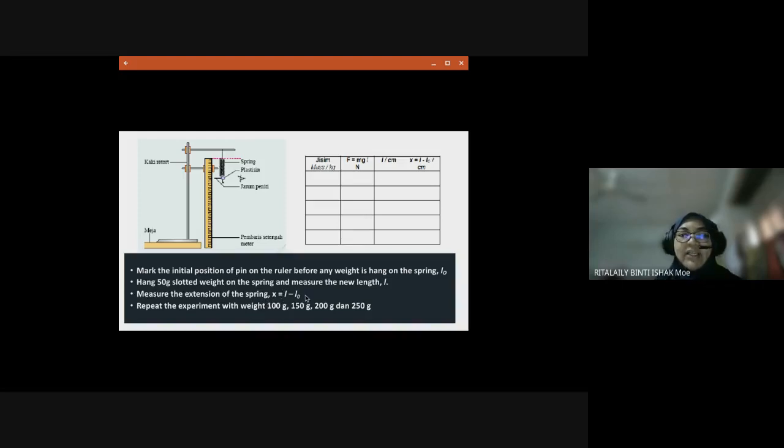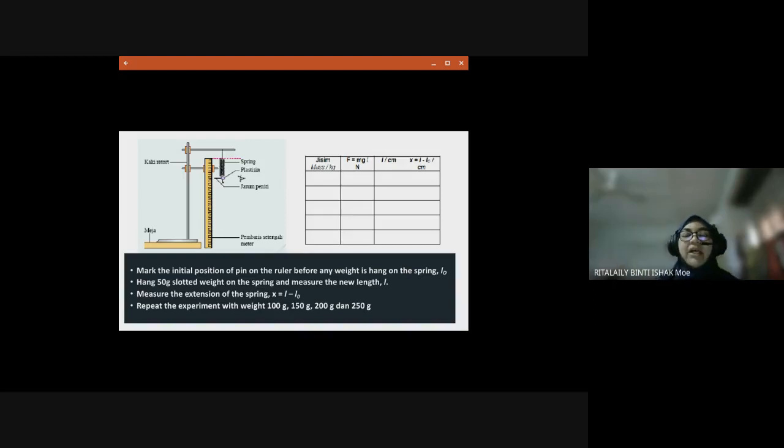Then repeat the experiment with weight 100 gram, 150 gram, 200 gram, and 250 gram. As for the repetition, you need to put at least 4 more different readings. So in total for your experiment, you should have 5 different readings.